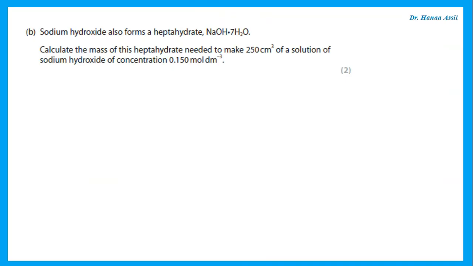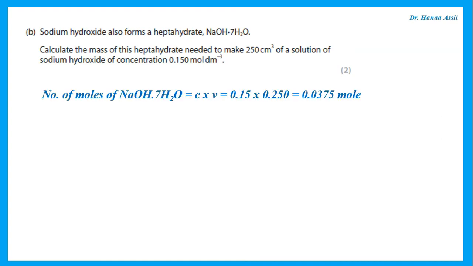Calculate the mass of this heptahydrate needed to make 250 centimeter cubed of a solution of sodium hydroxide of concentration 0.15. So we have the number of moles that we need is concentration times the volume.